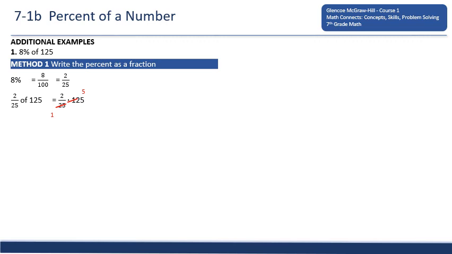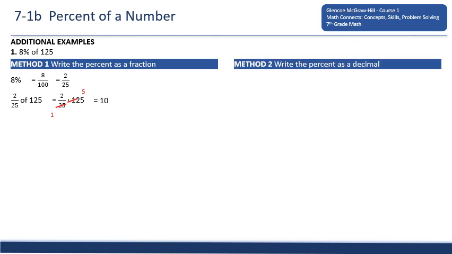And we can simplify 25 and 125. We get 10. Write the percent as a decimal. 8% equals 8 over 100. And if we divide 8 by 100, we get 0.08. 0.08 times 125 equals 10. So 8% of 125 is 10.